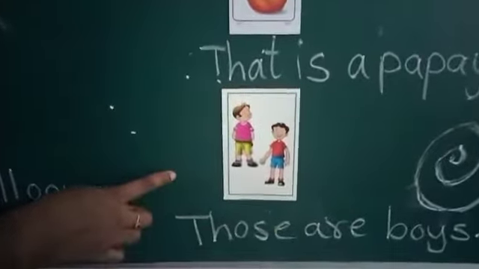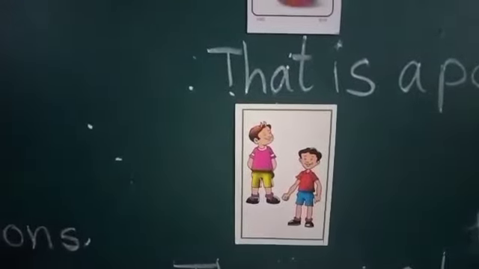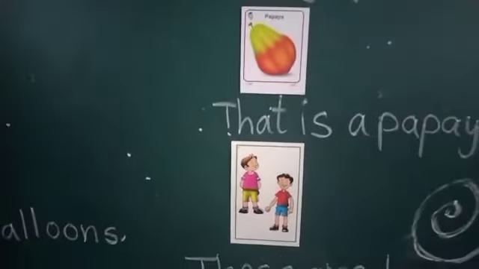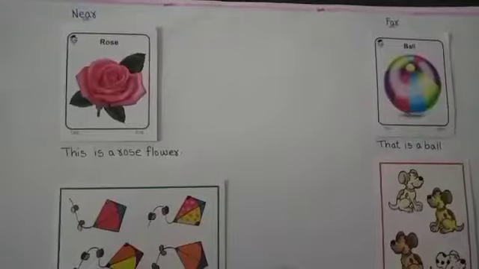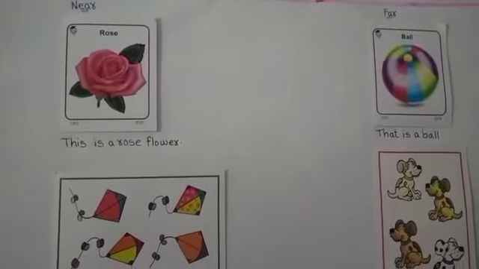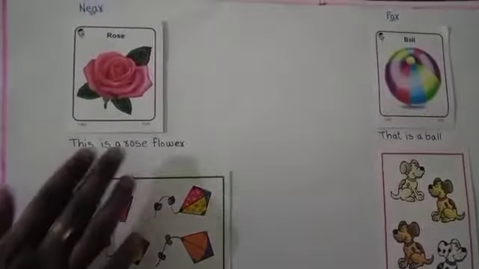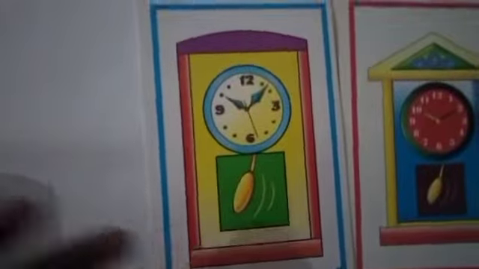Is it children? Okay. Children, see some more examples. Here, these pictures are near to me, and these pictures are far to me. So, what am I telling?